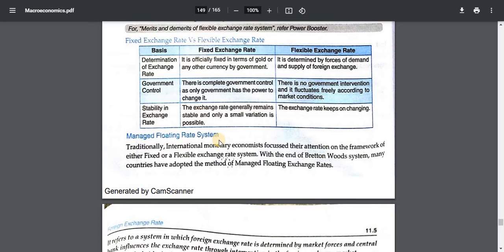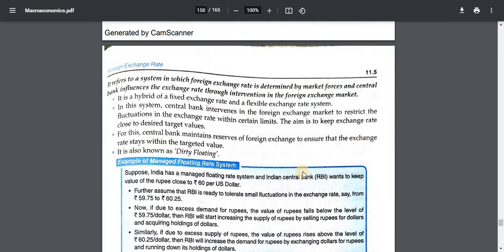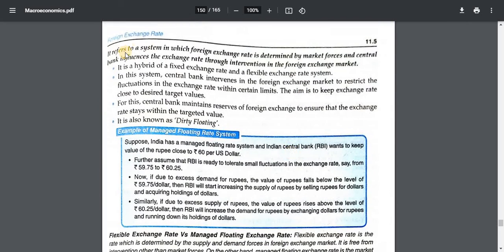Managed floating rate system. Traditionally, international monetary economists focused their attention on the framework of either a fixed or a flexible exchange rate system. With the end of the Bretton Woods system, many countries have adopted the method of managed floating exchange rates. It refers to a system in which the foreign exchange rate is determined by market forces and the central bank influences the exchange rate through intervention in the foreign exchange market.